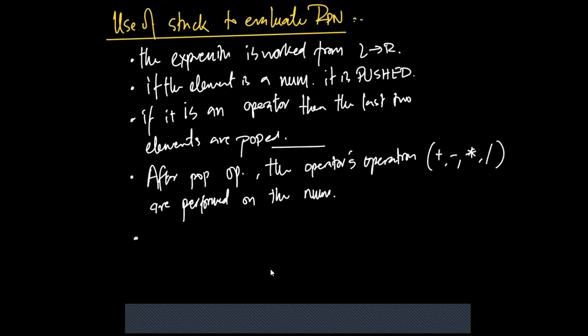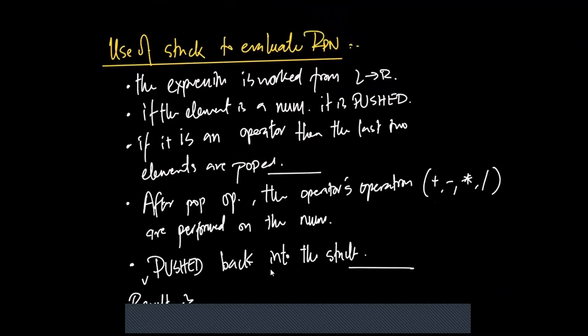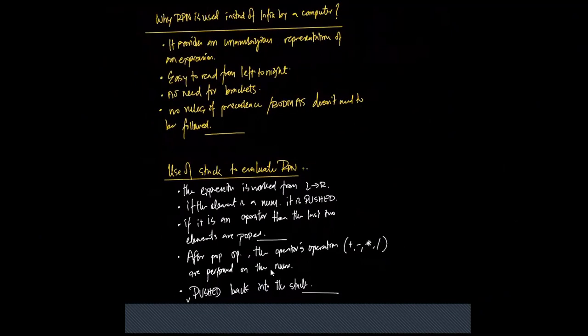And finally, the result is pushed back, until the last item is dealt with. So these are a few marking points that need to be remembered for the exam scenario. All right, so in the next video, we're going to be working on the last two topics that remain.